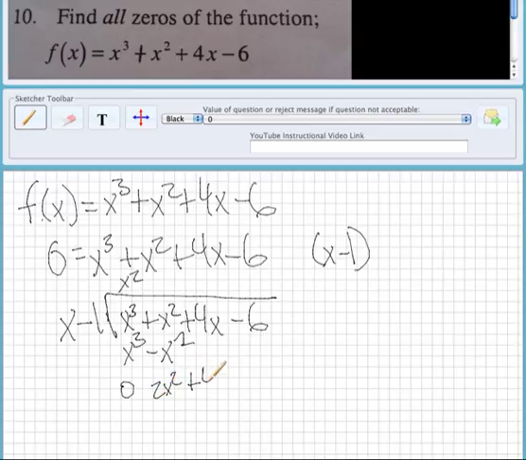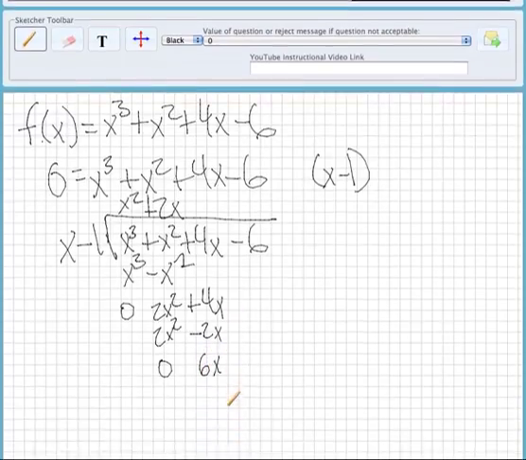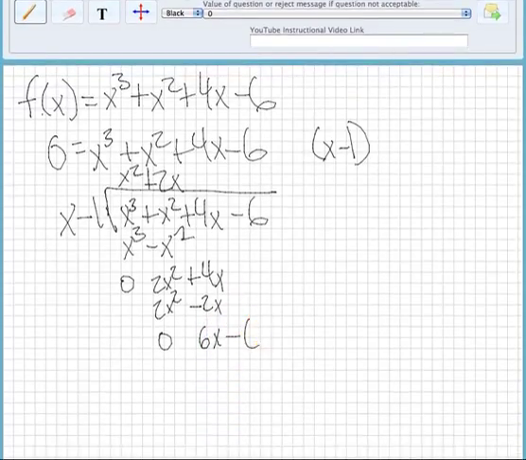Bring down the plus 4x, and then it's going to be plus 2x. 2x times that is 2x squared, and then minus 2x, 0 and 6x. Bring down the negative 6, and then put 6 here. And then, yeah, you would be 6x minus 6. So that's 0 and 0.